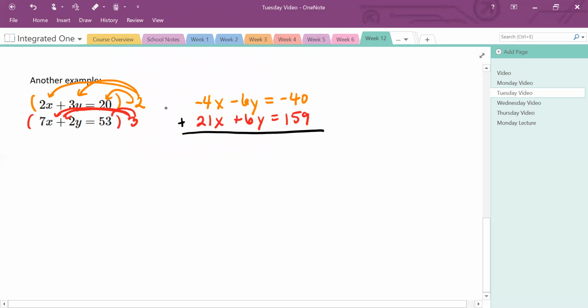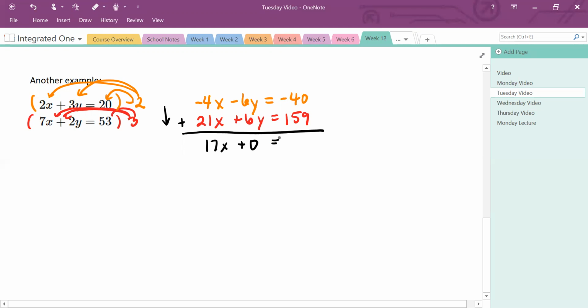All right, it looks like I'm going to be able to eliminate my y's. So I'm going to add down, and I get 21 minus 4, which is 17x. Negative 6y plus 6y is 0. That's what got eliminated.